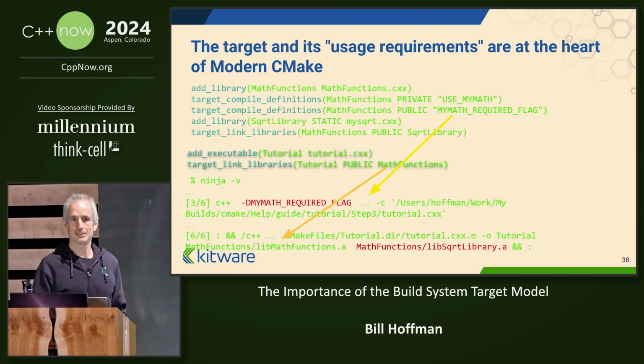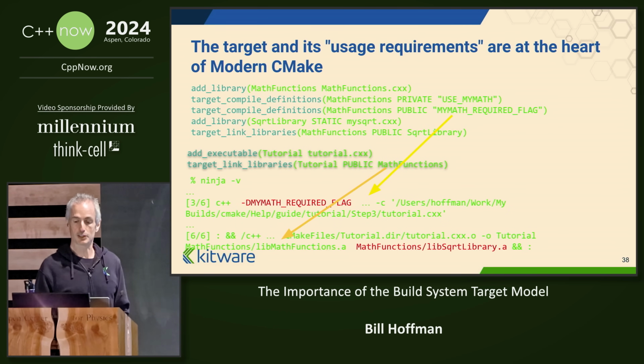So in this example right out of the CMake tutorial, I'm creating a library called math functions, and I give it a source file. And then I have some compile definitions. The first one is a private one, which means it'll only be used when I'm compiling myself.